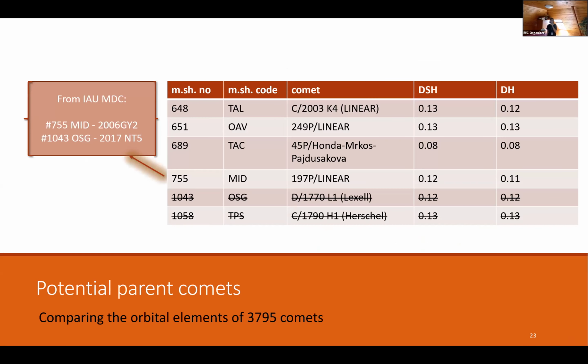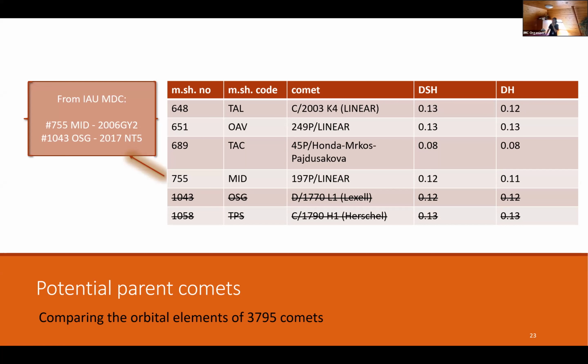The next thing I wanted to look at is to take my calculated mean parameters of the meteor showers and compare them with the comets to search for potential parent bodies. Of course, those are only suggestions, which need to be investigated further.